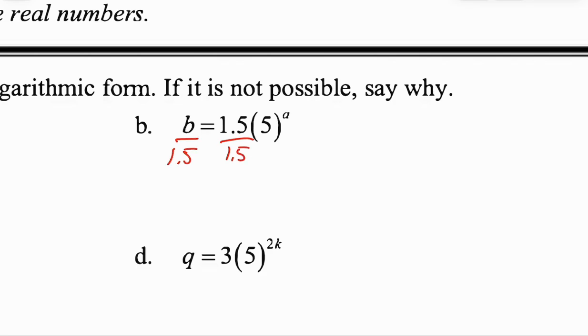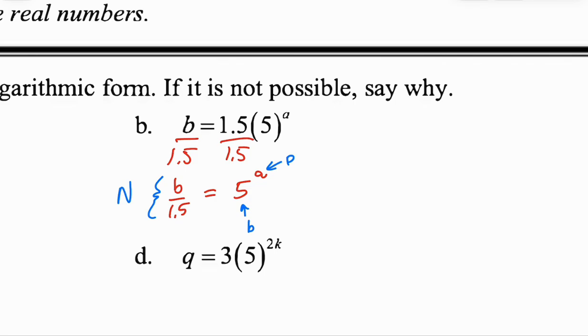When we divide off the 1.5, we get b over 1.5 equals 5 to the power of a. So now what do we know? Our base is 5. Our power is a. Our number is that fraction, b over 1.5.